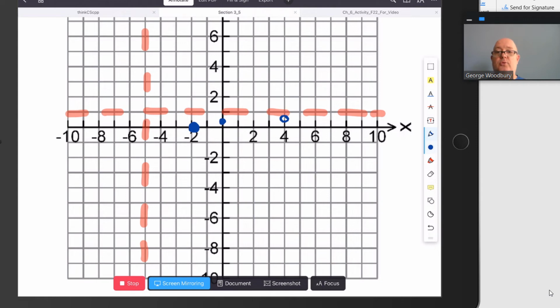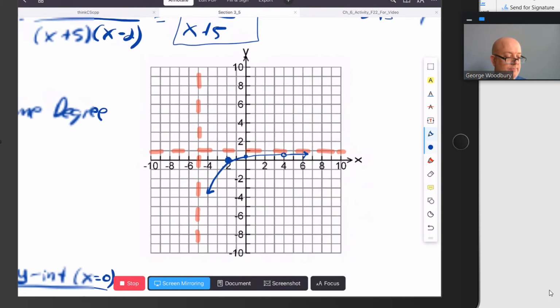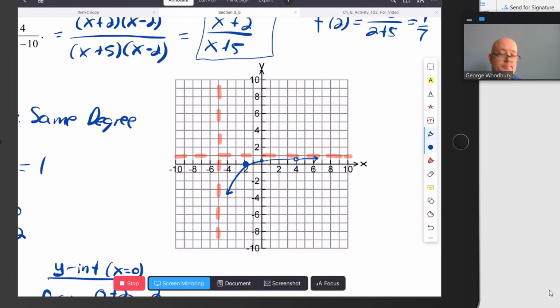I could add some more points by, say, plugging in -3 or -4 to get a more accurate graph, but since I'm just going for a rough sketch here, that branch is going to look like that. Now, is the other branch there, or is it there?